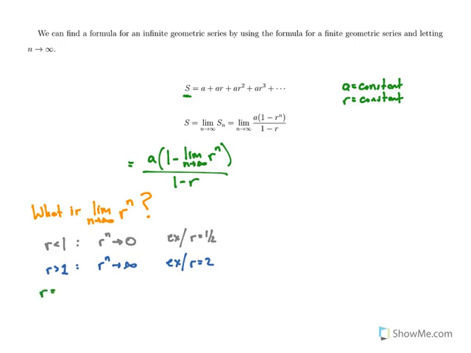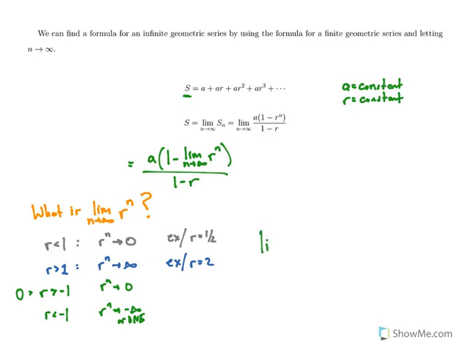And if r is greater than negative 1 and less than 0, r to the n is going to go to 0, and if r is less than negative 1, r to the n is going to go to negative infinity, or is just not going to exist. There's an issue when r is less than negative 1 or bigger than 1.